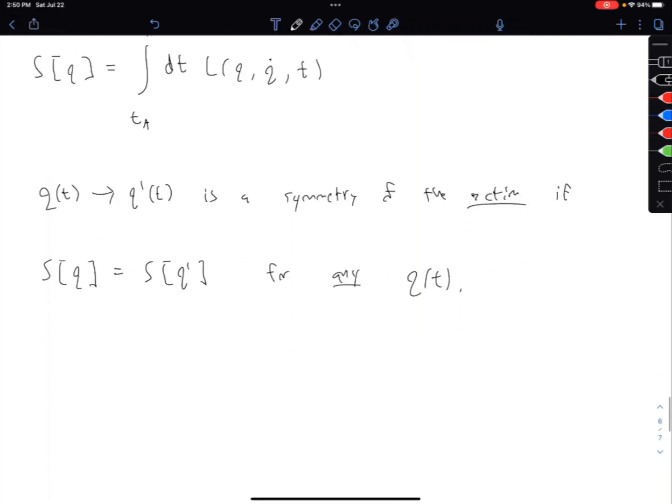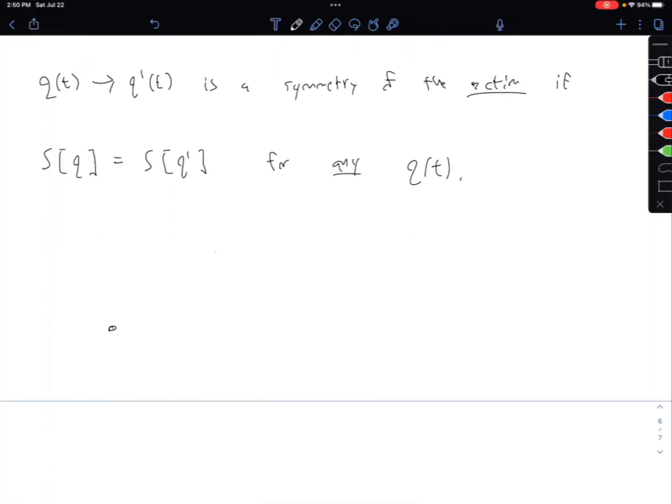Remember that when you do the least action principle in classical mechanics, you consider a bunch of different trajectories, and not all of them, in fact almost none of them, are solutions to the equations of motion. One of them is, and it's the solution that extremizes the action. So when you have an action, you always consider trajectories that are not themselves solutions.